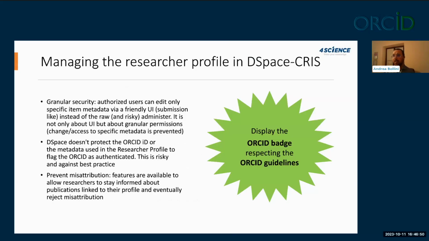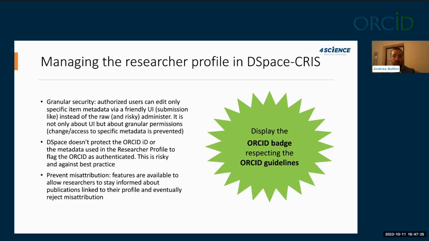This means that researchers are able to manage directly some information in their researcher profile without using the administer item page, which is too much power and risky for a normal user because it allows editing raw data. Specifically, this administer page in a normal DSpace allows you to also manually change the ORCID ID, or to remove or add the information that this ORCID ID was authenticated.